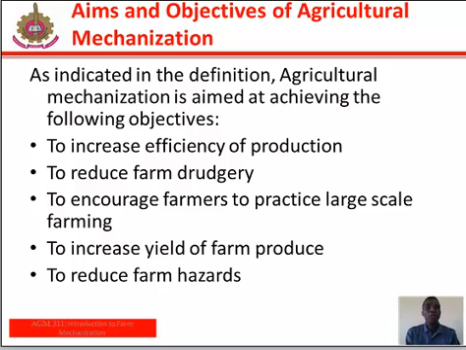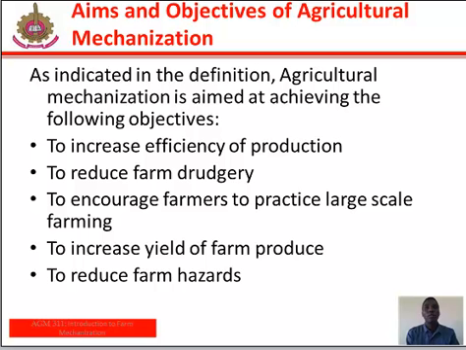Aims and objectives of agricultural mechanization. As indicated in the definition, agricultural mechanization is aimed at achieving the following objectives: to increase efficiency of production, to reduce farm drudgery, to encourage farmers to practice large-scale farming, to increase yield of farm produce, to reduce farm hazard.